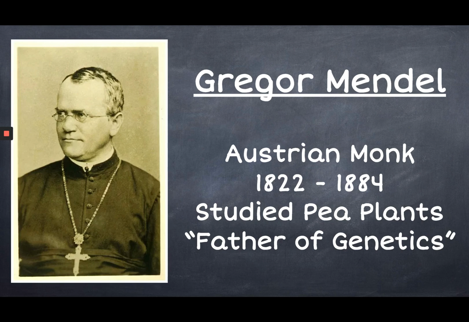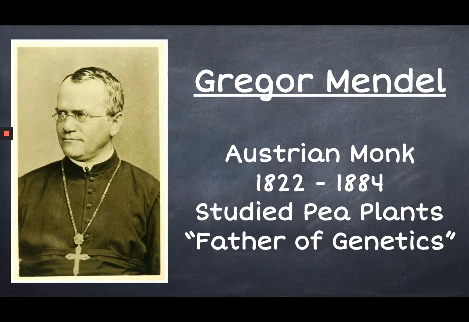This is the type of problem that Gregor Mendel, this Austrian monk back in the 1800s, actually noticed, this exact same thing. He was a monk, but he was also a gardener. He studied pea plants in his garden, and he's what's known as the father of genetics.